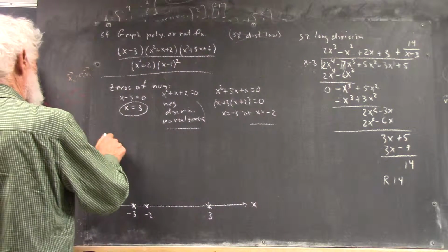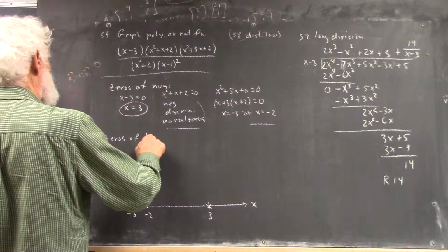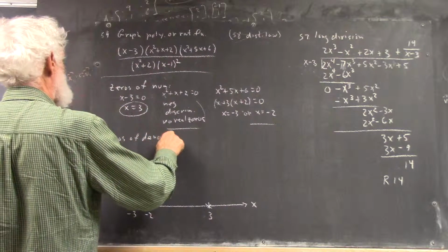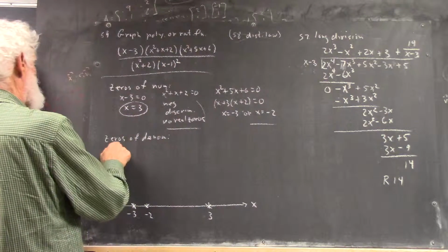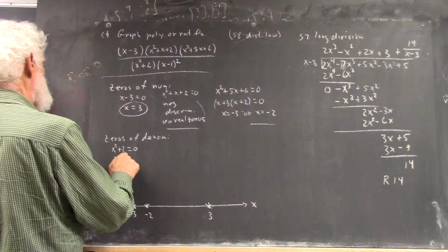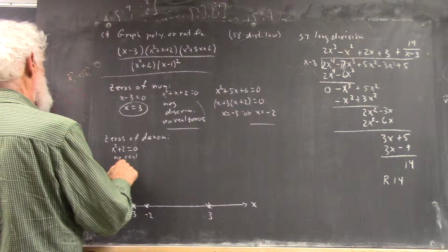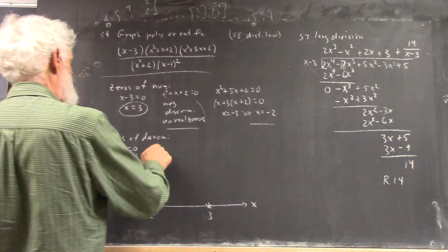Zeros in the denominator. Well, x squared plus 2 has no real solution, so there's no zeros there.